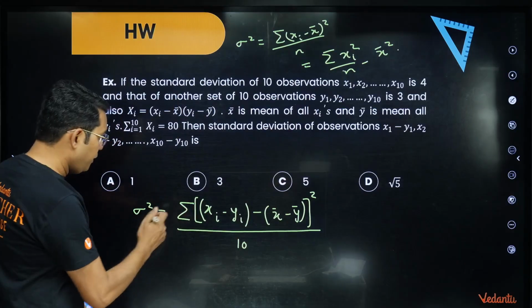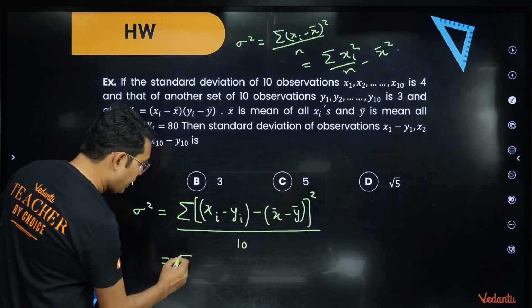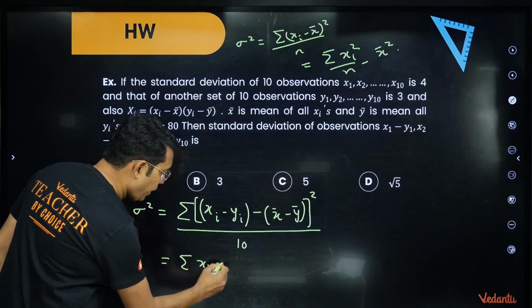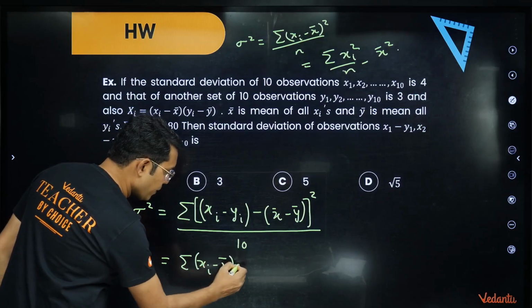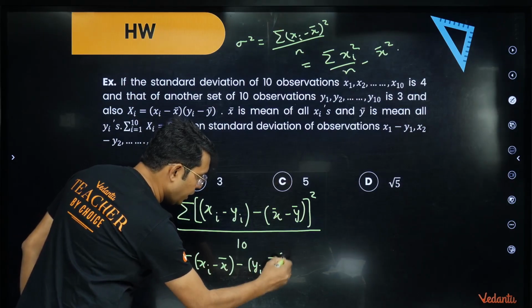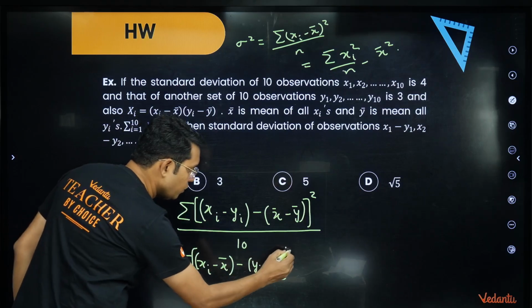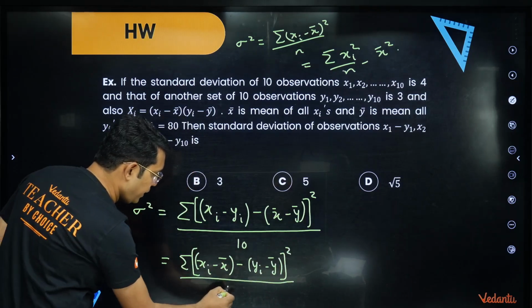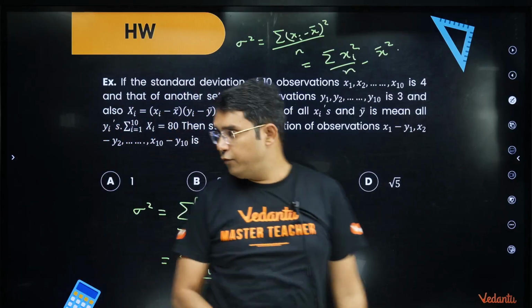Okay, now if I open this, first let me write this way: xi minus x bar minus yi minus y bar, whole square divided by 10. So this is what we are looking for.